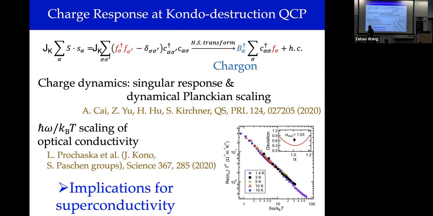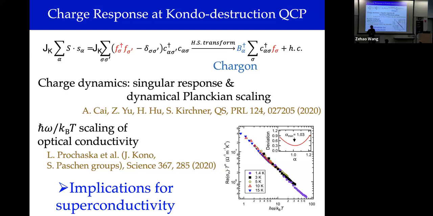And it turns out that statement has important implications for superconductivity, which happens in the charge sector, which I will not talk about. But it led us to think that, well, if the charge sector is dragged into a singular form of response, being part of the agent of criticality in a setting where the magnetic degrees of freedom would have been the most natural agent that senses quantum criticality, what is behind it?